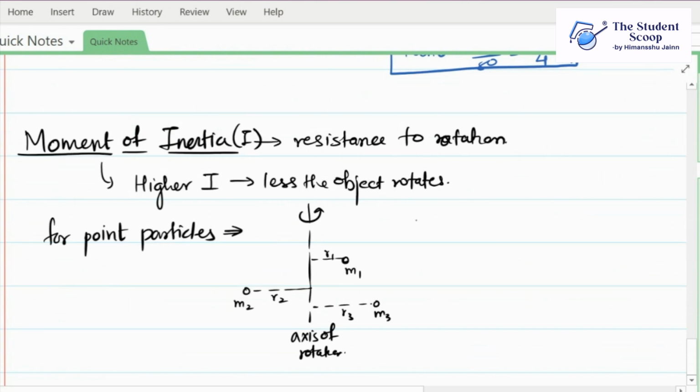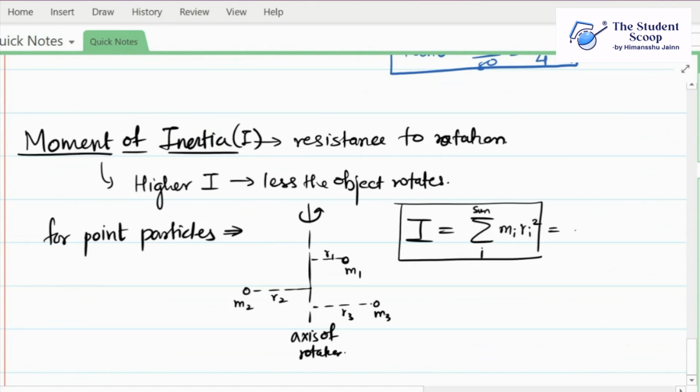So the moment of inertia is given by the sum. This is a sum sign, sum of individual masses and individual distance squared. Okay, that means it is equal to m1 r1 square plus m2 r2 square and so on.